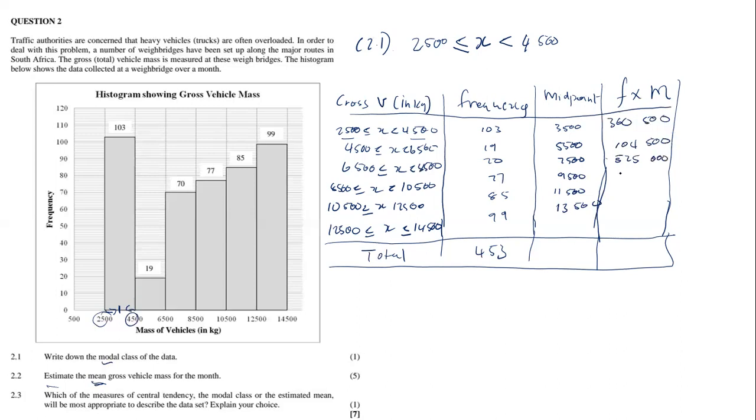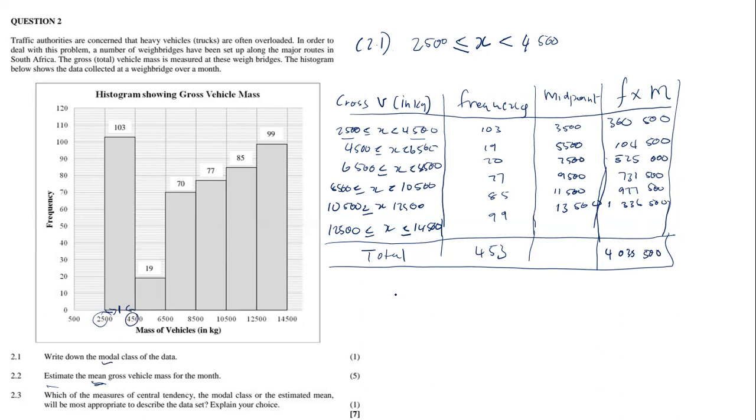And then here you're gonna get 731,500, and then here 977,500. Therefore, the last one you're gonna get 1,336,500. And when you add them together, the total over here, you're gonna get 4,035,500. This is what you get.